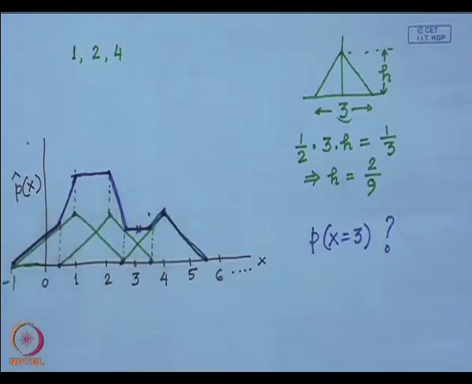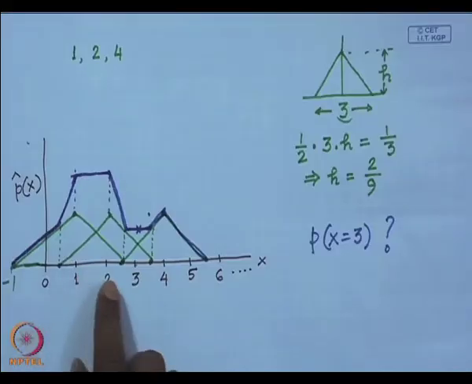Now, if you notice carefully, this superimposition of different windows placed at different sample locations is nothing but a convolution operation. What I am doing is, I assume that at every sample location I have a unit pulse, that is a pulse of height equal to 1.